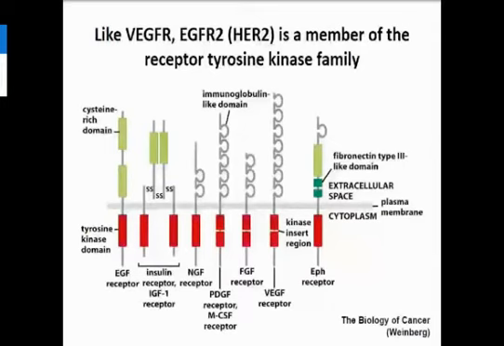So just a bit more intro on these receptor tyrosine kinases. So HER2 or EGF receptor 2, just like VEGF receptor, it's one of these receptor tyrosine kinases. So they're quite a large family. They are characterized by all having this intracellular tyrosine kinase domain.